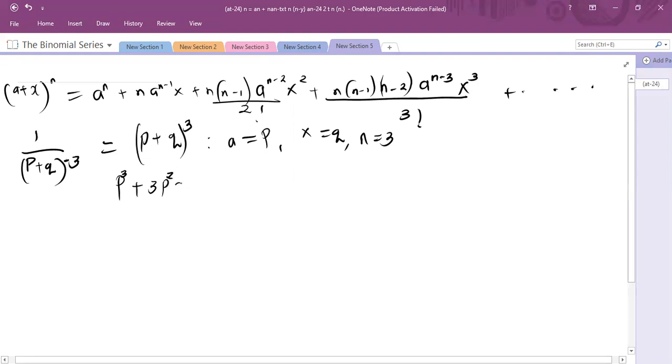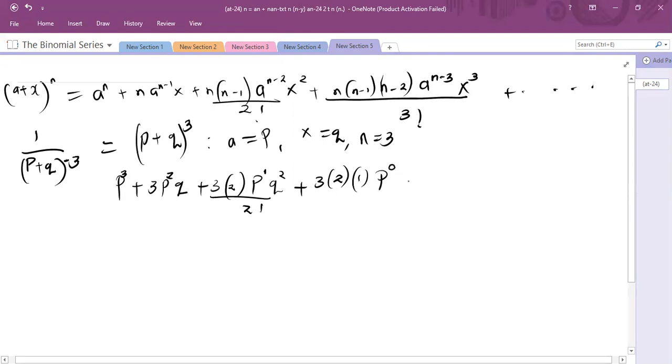Then x, our x in this question is q, plus n, which is 3, minus 1, which is 2, and then a raised to power n minus 2, so p raised to power 3 minus 2, so that will be p raised to the power 1, and x squared, our x is q, so q squared, and all this is divided by 2 factorial, plus n, so our n is 3, then 3 minus 1, which is 2, and then 3 minus 2, which is 1, and then a raised to power n minus 3, our a is p, so p raised to power 3 minus 3, that is p raised to power 0.